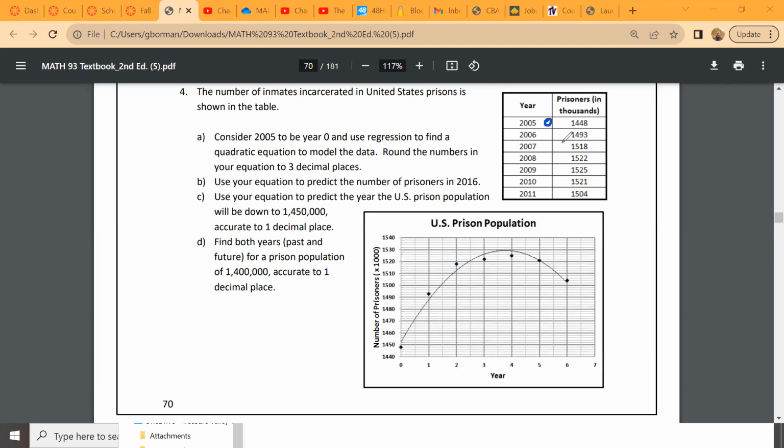So when we get our quadratic regression model in the calculator, we're going to plug in 0, 1, 2, 3, 4, 5, 6, because, for example, the year 2011 is 6 years after 2005. So that's what we'll type into the calculator.